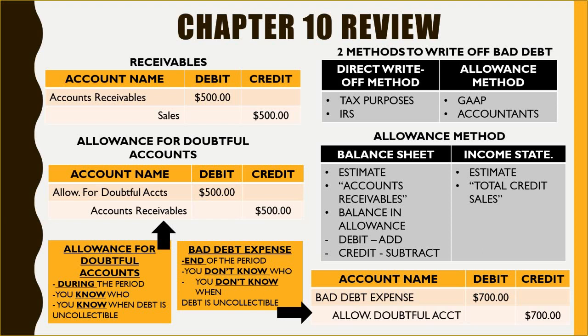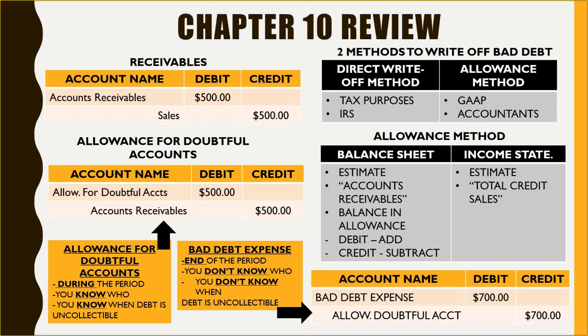And of course, here are the two methods. You've got the direct write-off method, which is not allowed to be used, but at least recognize that it is a way that you can write off bad debt. And the allowance method, which is broken into two other methods, the balance sheet or the income statement method. Once again, we saw the difference between the balance sheet and the income statement, and this is what you have to journalize at the end between the two methods.